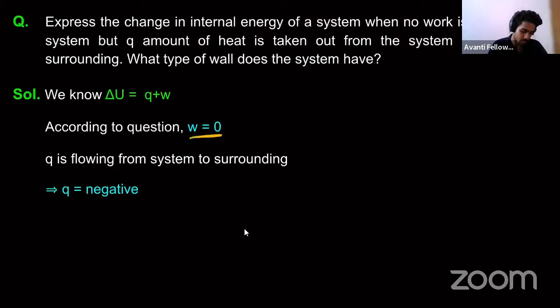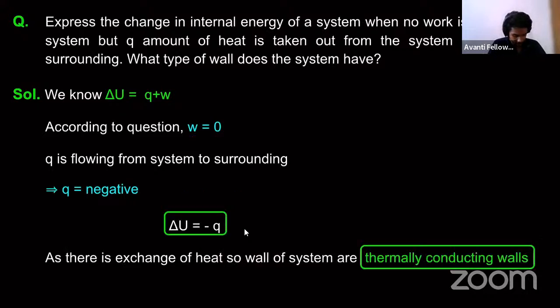According to the question, W is 0 and Q is negative, so delta U is equal to minus Q. Heat is flowing from the system to the surroundings. This is not an isothermal wall, this is a conducting wall, because only then can heat be transferred. As there is exchange of heat, the walls of the system are thermally conducting walls.